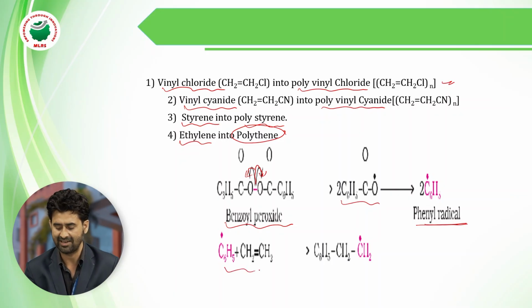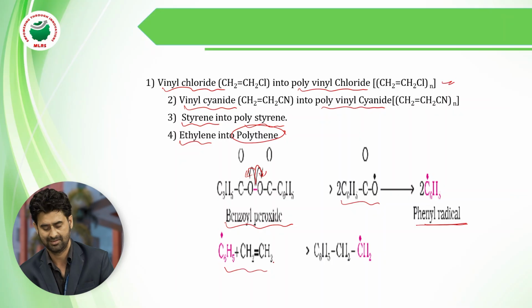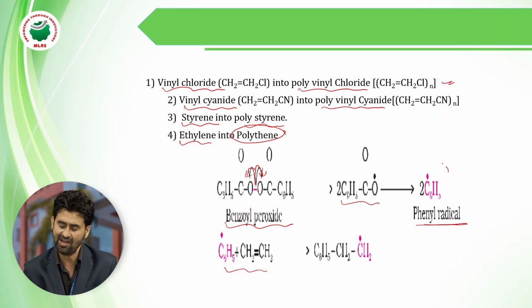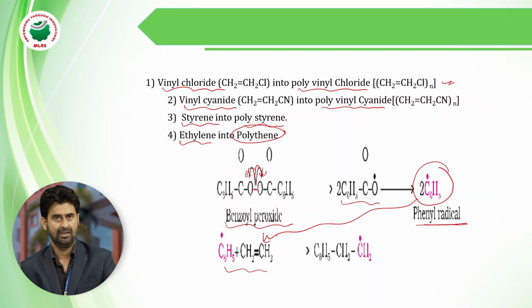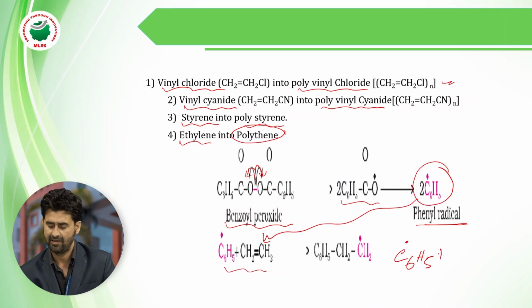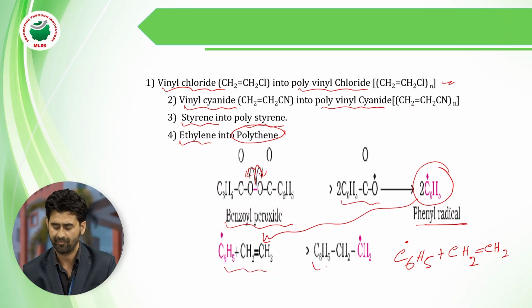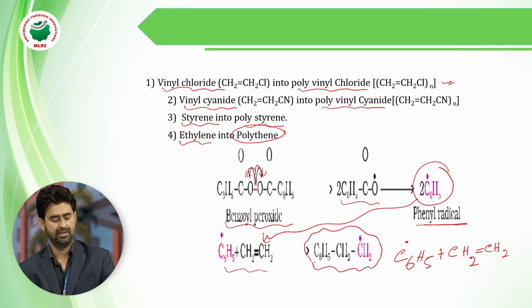These phenyl radicals are formed, then this phenyl radical, C6H5 radical, reacts with ethylene monomer units to form the first radical.